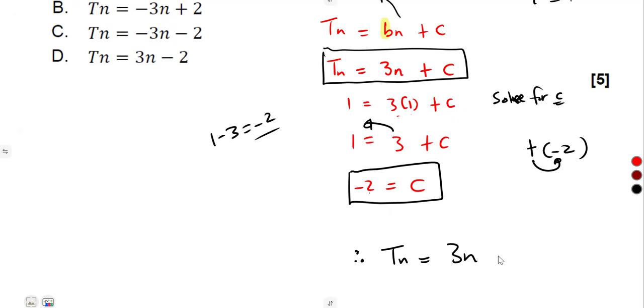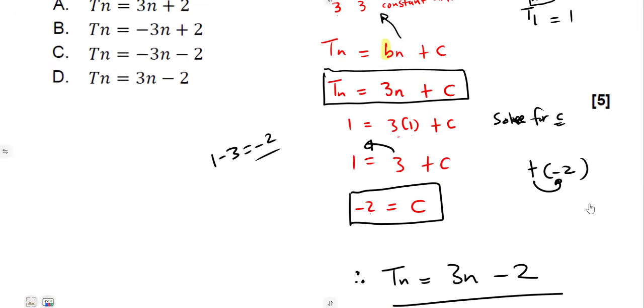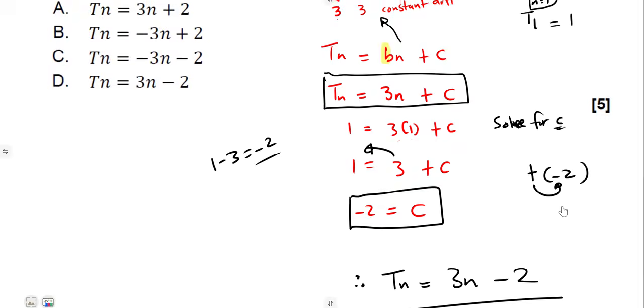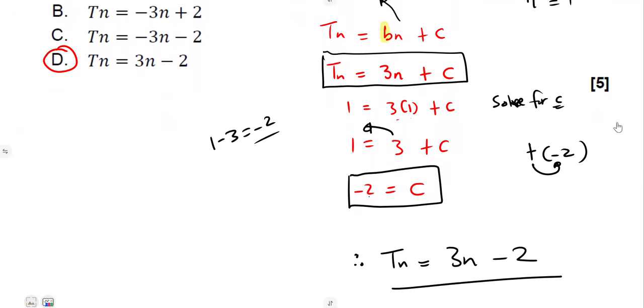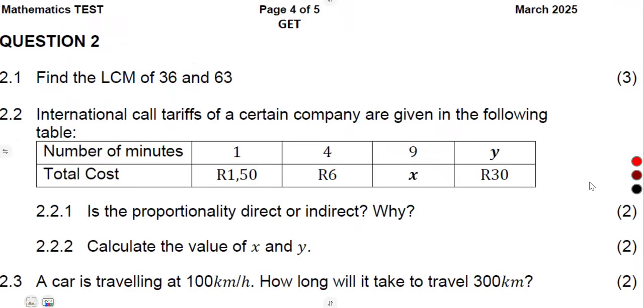Plus and minus, that's a minus. So this is our Tn: 3n minus 2. And 3n minus 2, we have it on D. This is where we have got 3n minus 2. All right? So that is it. 5 marks for that.